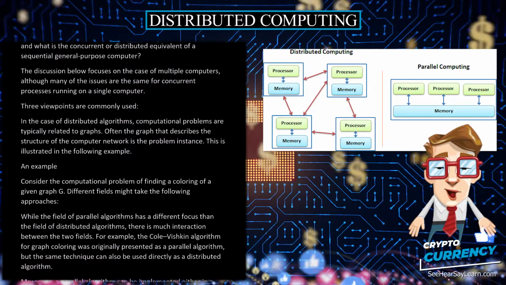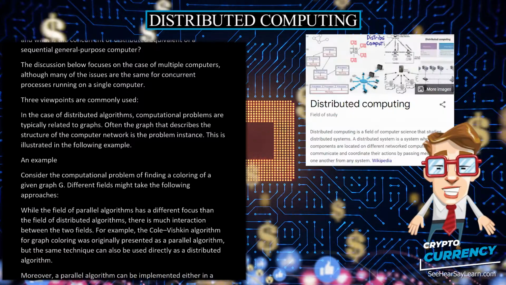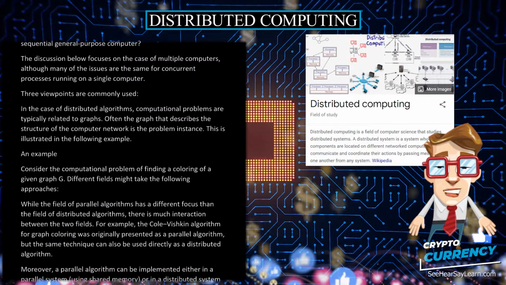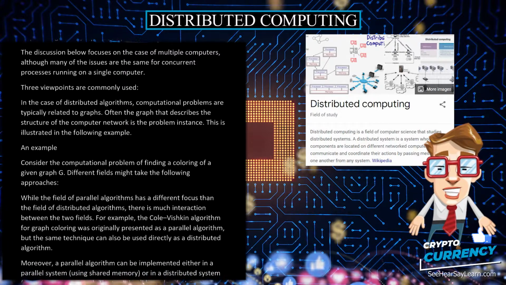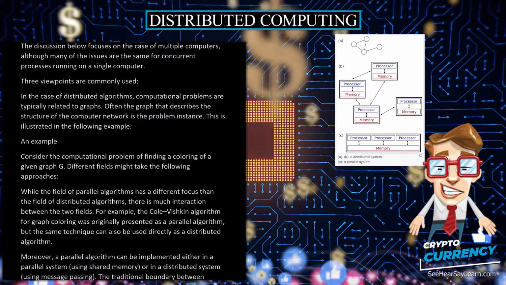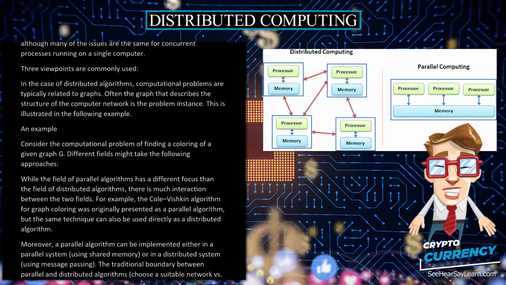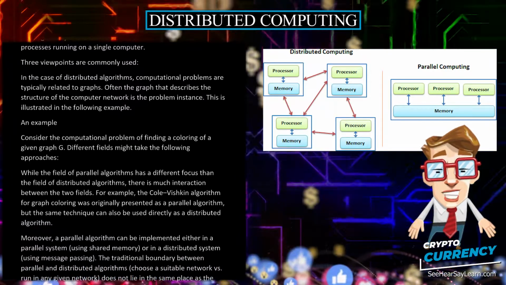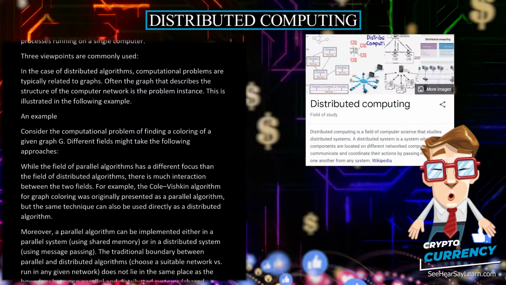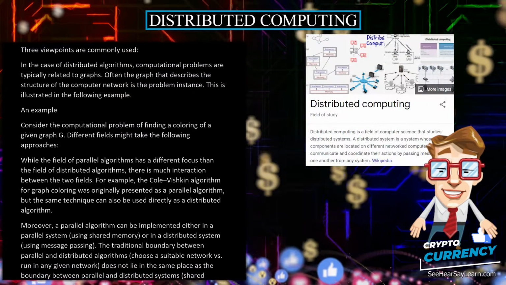While the field of parallel algorithms has a different focus than the field of distributed algorithms, there is much interaction between the two fields. For example, the Cole-Vishkin algorithm for graph coloring was originally presented as a parallel algorithm, but the same technique can also be used directly as a distributed algorithm.